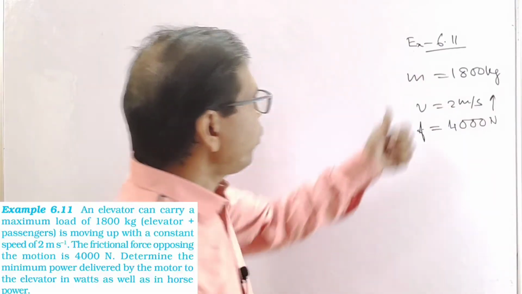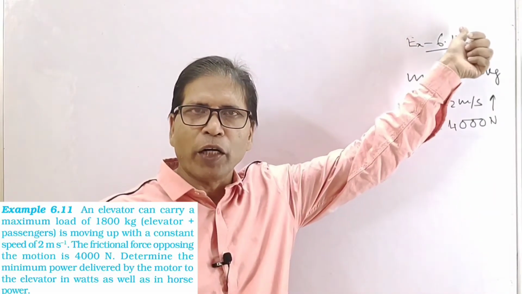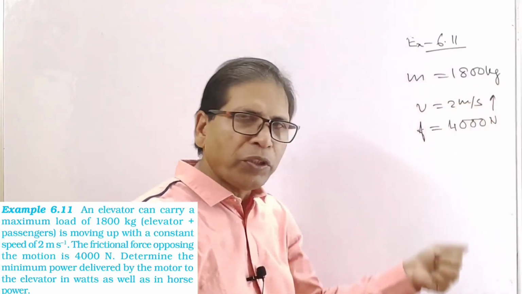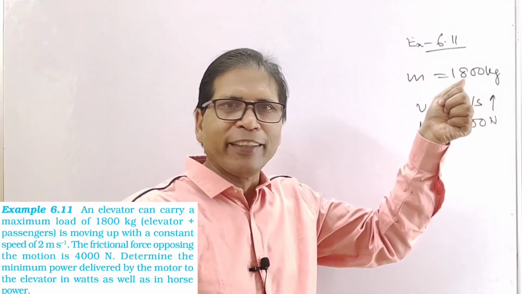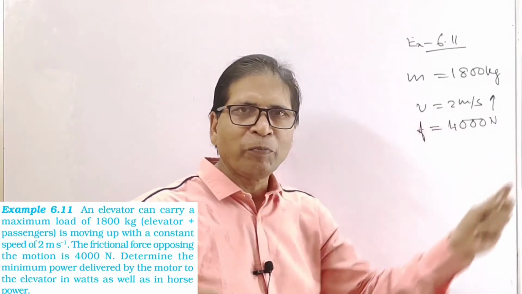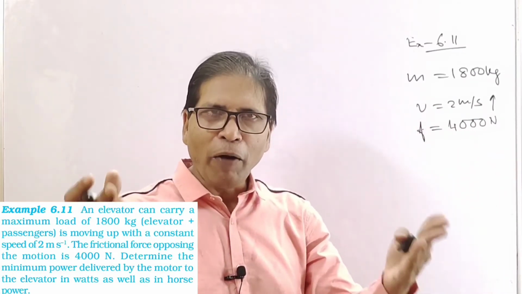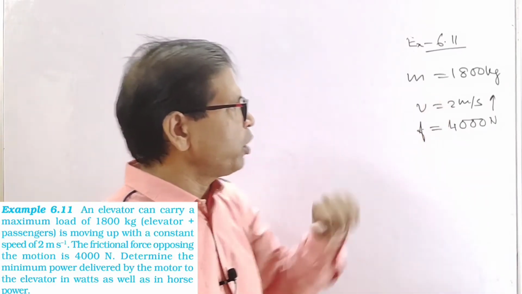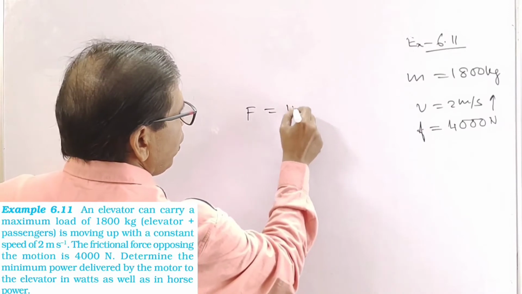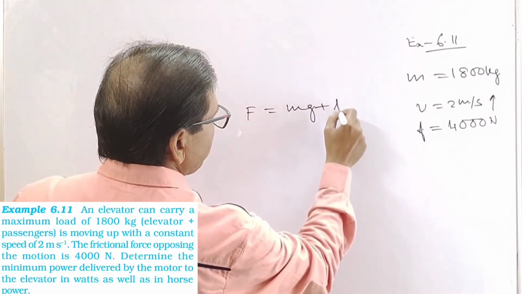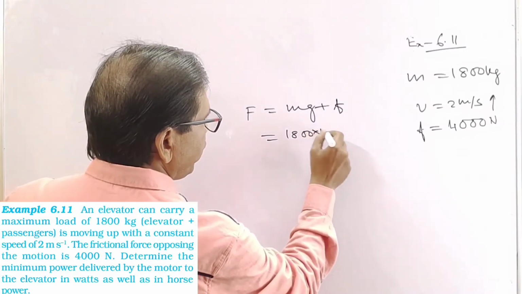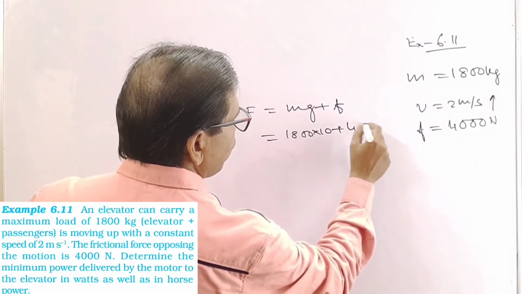Okay, now look at this example 6.11. A lift of mass 1800 kg moves up with 2 meter per second. Resistive force is equal to 4000 Newton. We have to calculate power required for its motion. Now look at this, here force F equals mg plus F. Now here m is 1800 into 10 plus 4000.